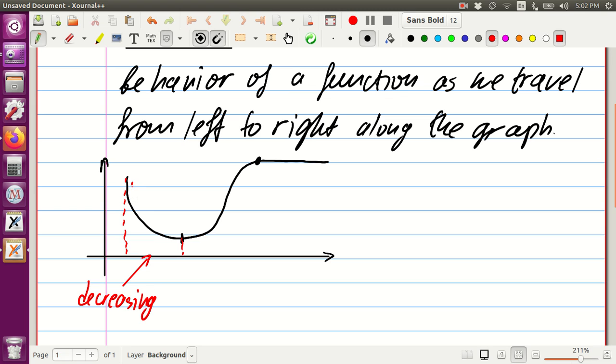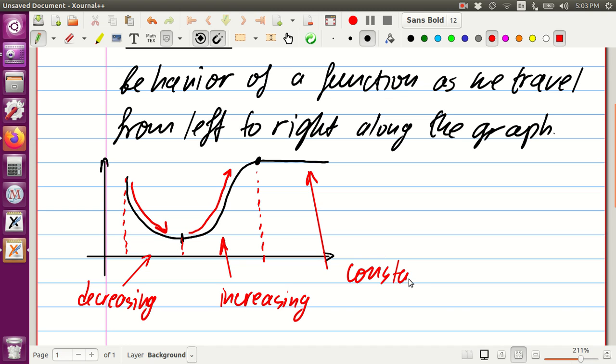Why? Because if we move from left to right, our function is going down. And in this region over here, the function is increasing. Why? Because while we're moving along the graph, we're moving up. And in this region over here, it's constant.